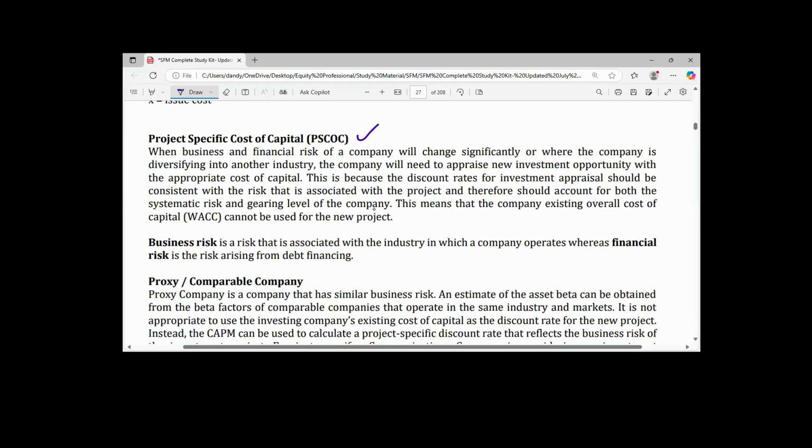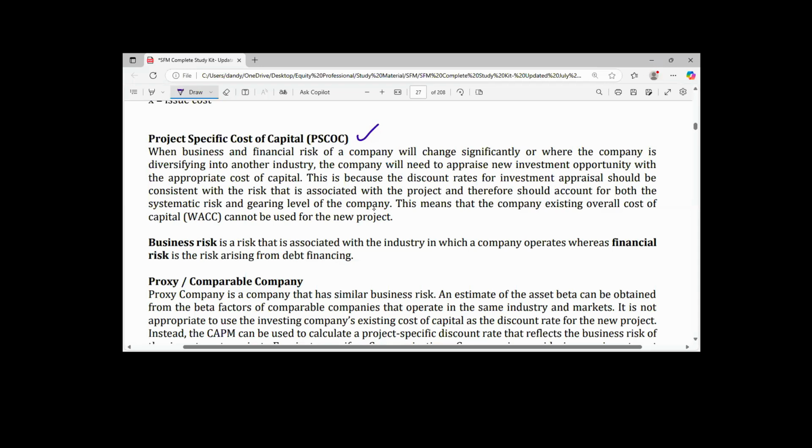If Equity Pro is diversifying into oil and gas, and there is need for Equity Pro to undertake a project in oil and gas, the existing work that Equity Pro uses in the education business cannot be used to evaluate a project in oil and gas, because the risk in oil and gas is different from the risk in education business.